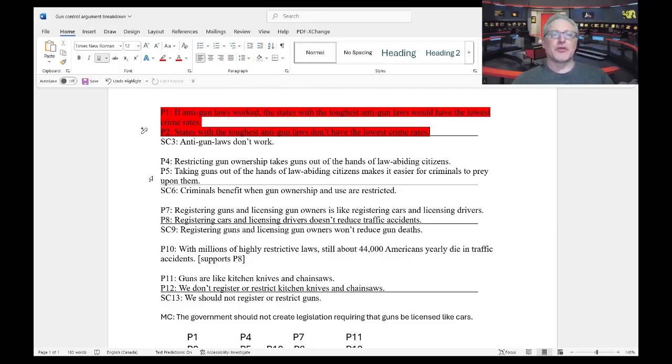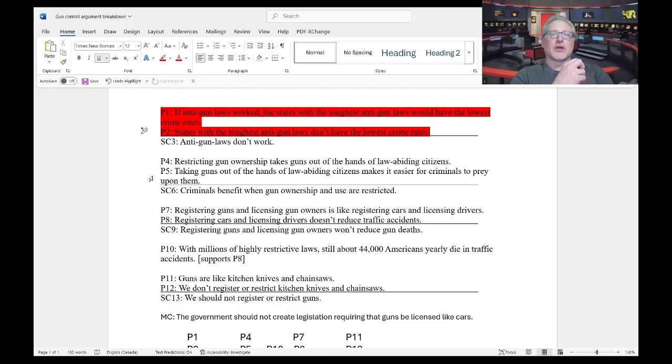Now let's have a look at the premises. Restricting gun ownership takes guns out of the hands of law-abiding citizens. Do we accept that claim? Well, that depends on what you mean by restricting gun ownership, right? We know what kind of restriction on gun ownership is being considered.